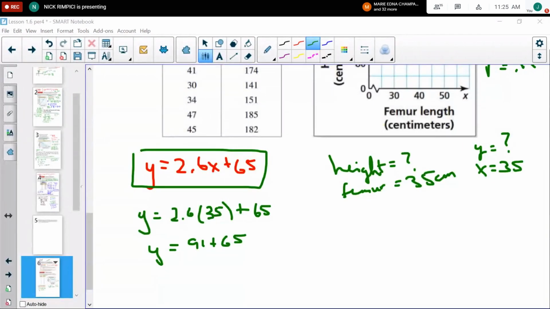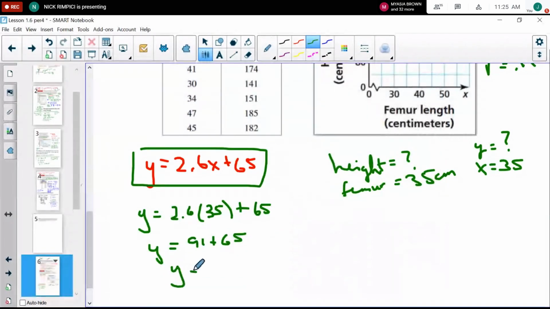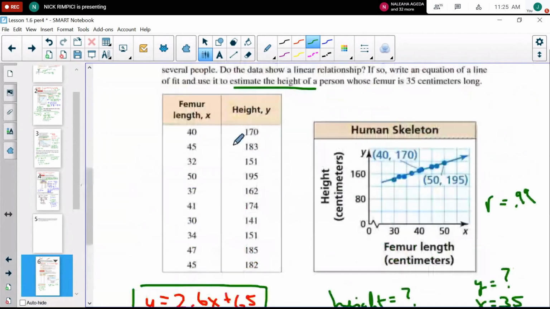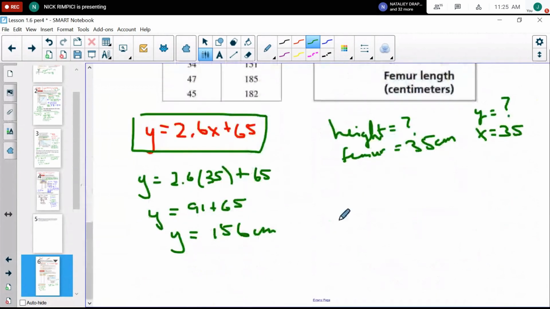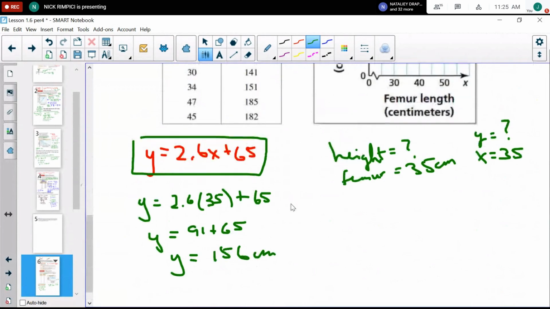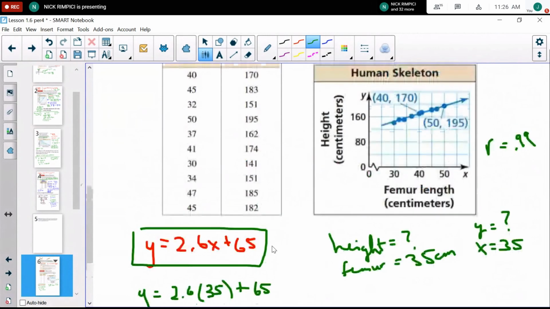If I add 65 onto that, I have 156. So y is 156. And I believe the answers are in centimeters. Yes, they are. So a person with a 35 centimeter femur has a height of 156 centimeters as an estimate.